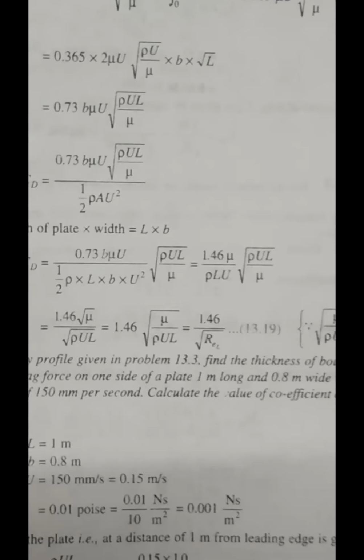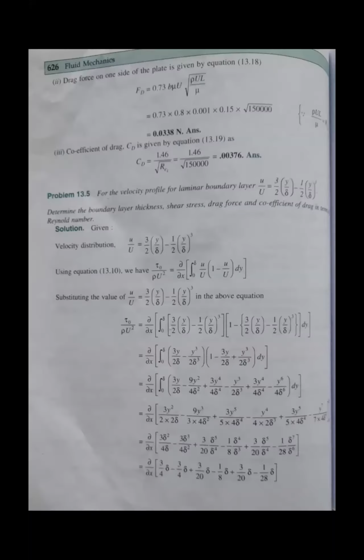So using these equations directly, we find the equation for drag force as well as the coefficient of drag. You observe that directly the equation 0.73 into B into mu into capital U root rho U L by mu is substituted, and of course root rho U L by mu is the Reynolds number, that is 15 into 10 power 4, directly substituted.